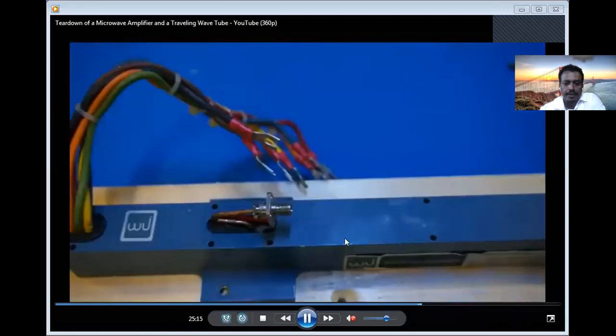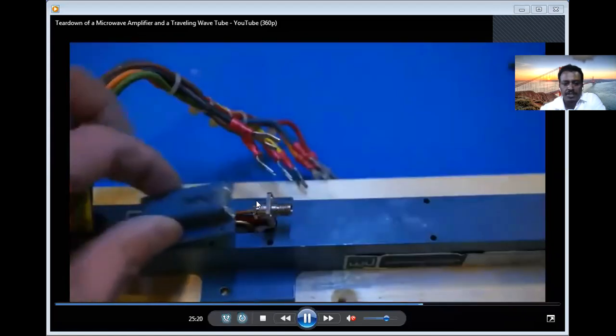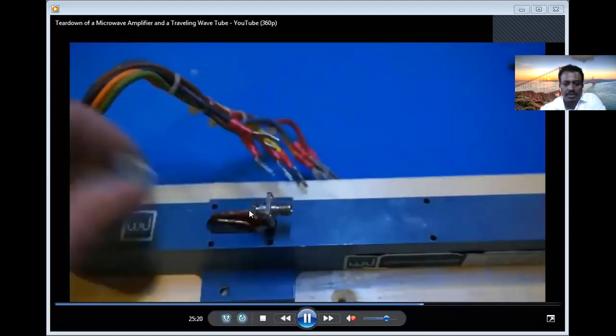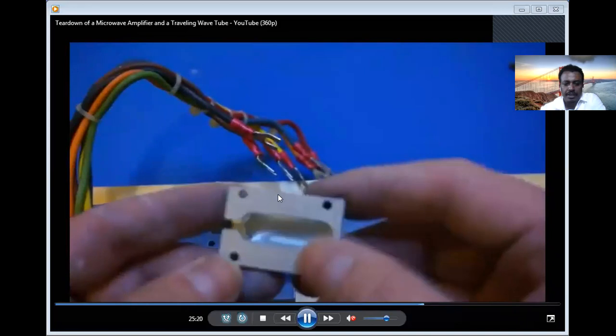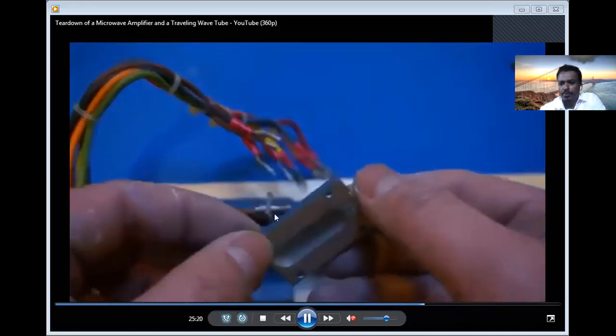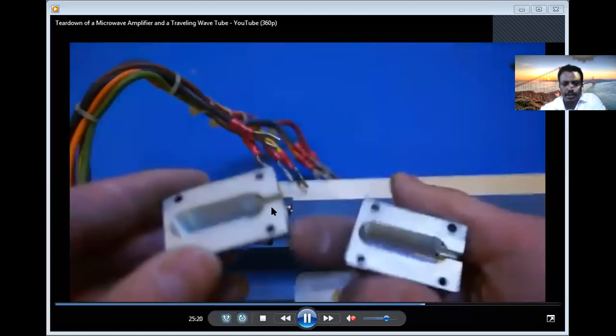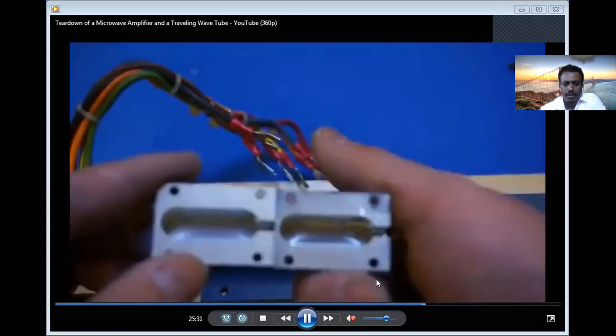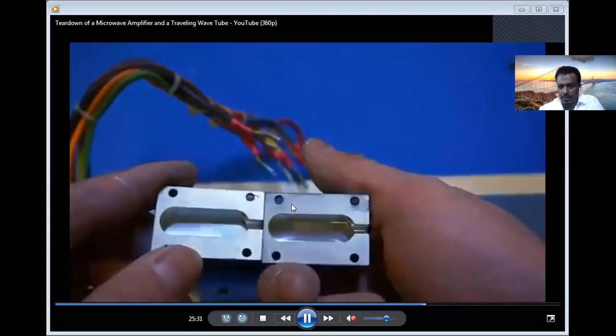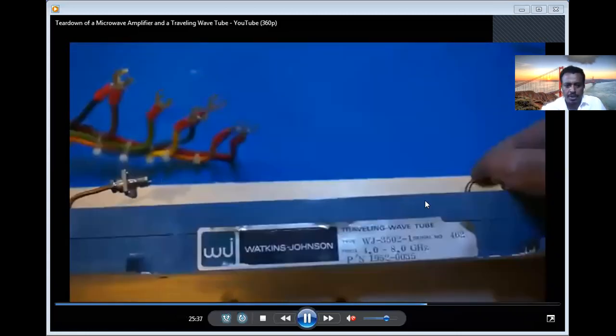So this is the input port. This is rigid coaxial. As you can see here, we give the input signal, very weak RF signal. This is the rigid coaxial cable for the traveling wave tube. So it has two ports. One you see here for input.